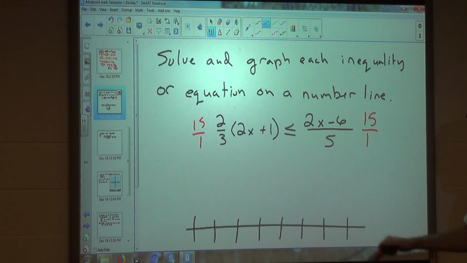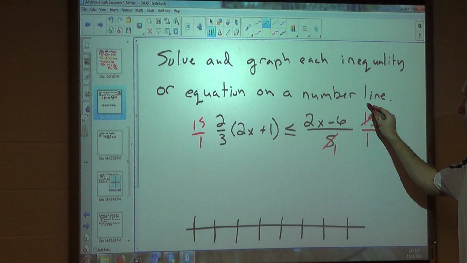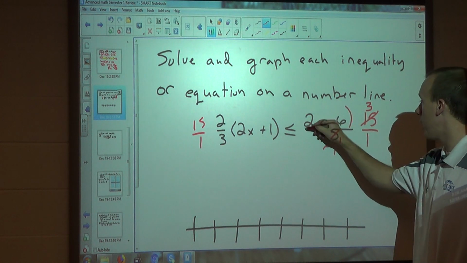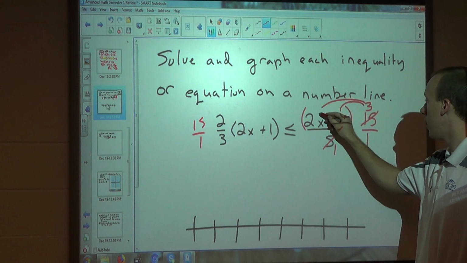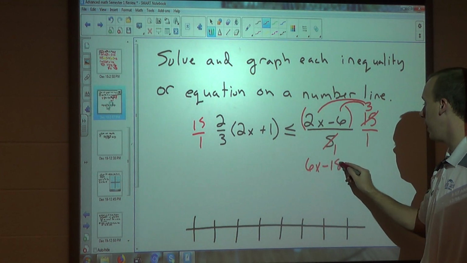Okay, and then I can cross cancel here. 5 goes into there once, 5 goes into there 3 times. Now what am I going to do with that 3? I distribute it in there, so it'd be 6x minus 18.